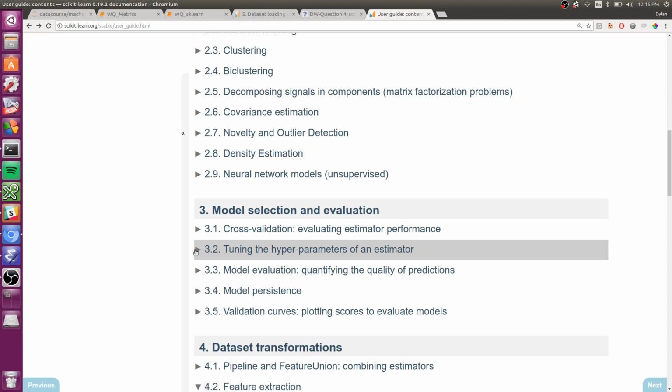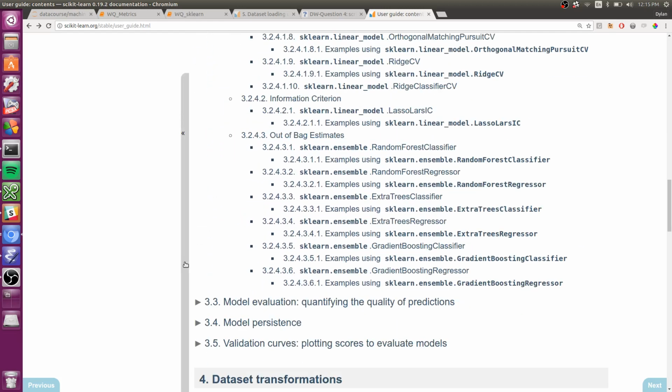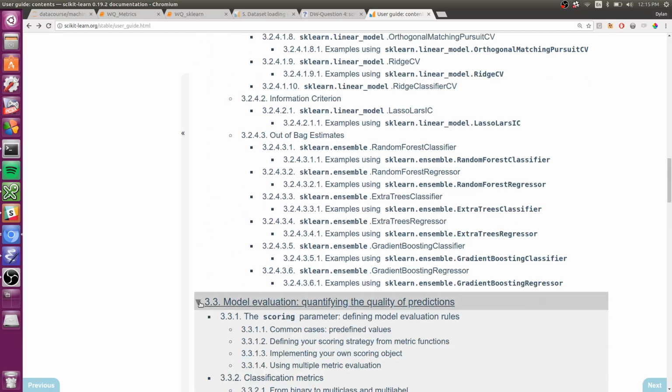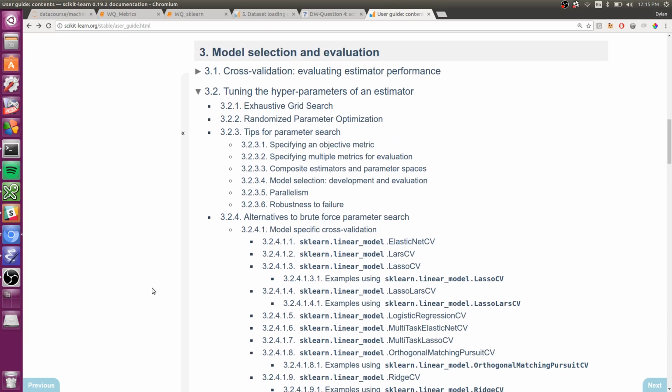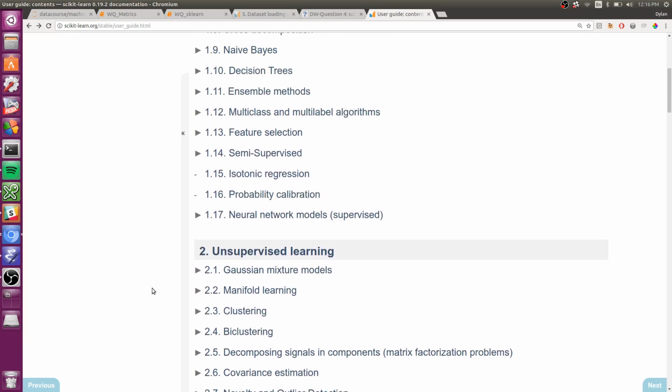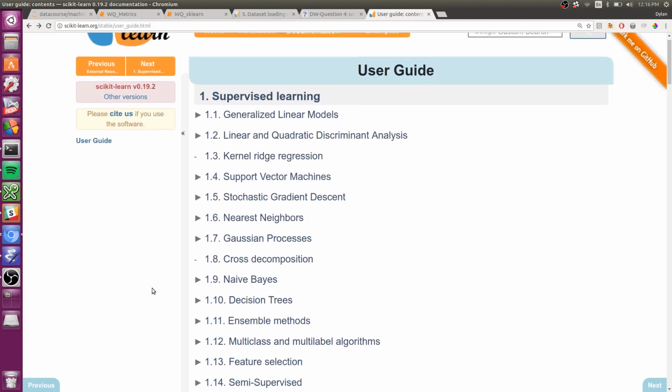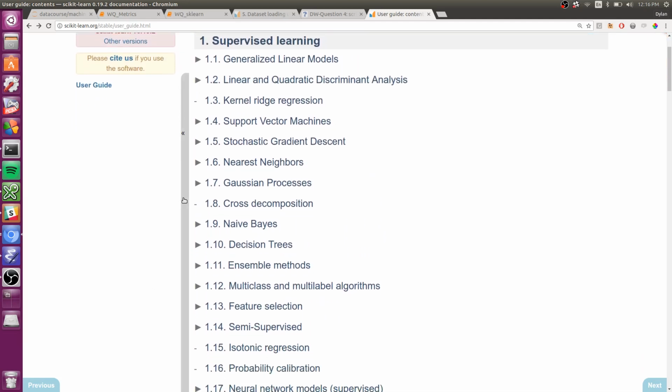We'll be going over that next week in the model selection lecture. Tools for model evaluation. And of course, the various estimators themselves.